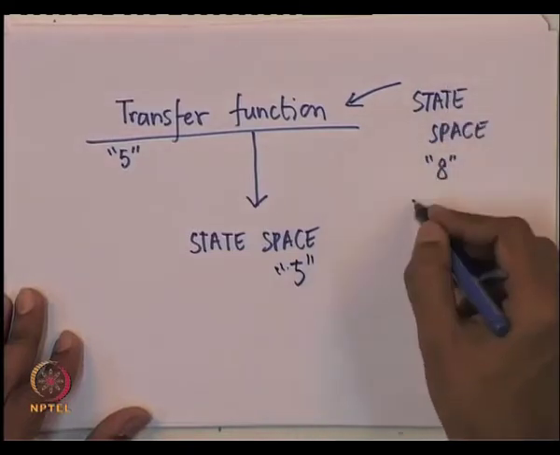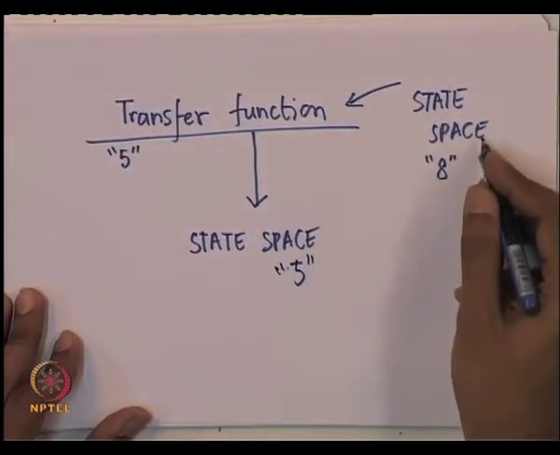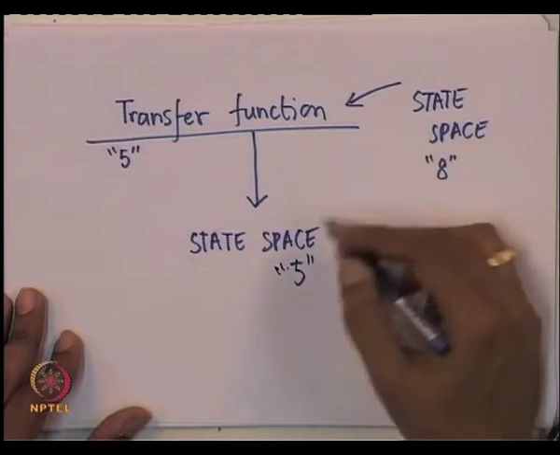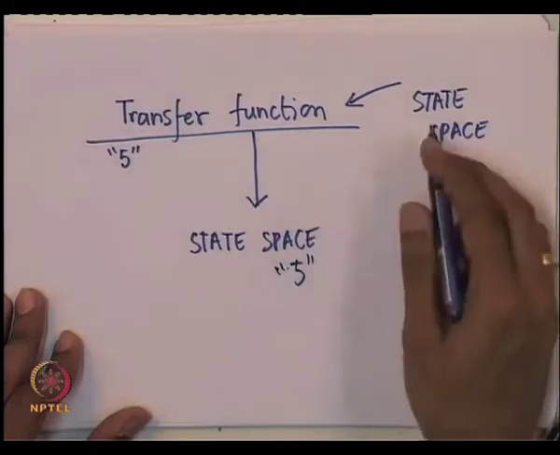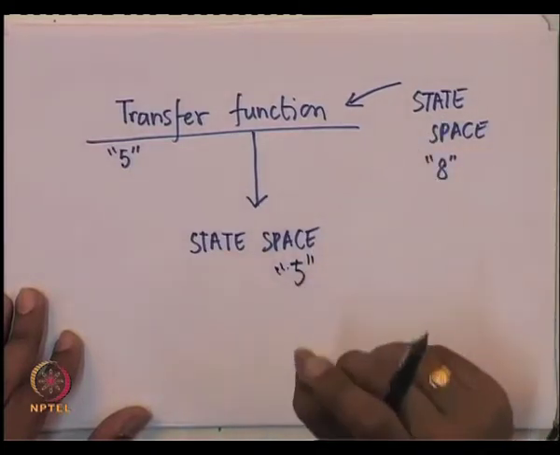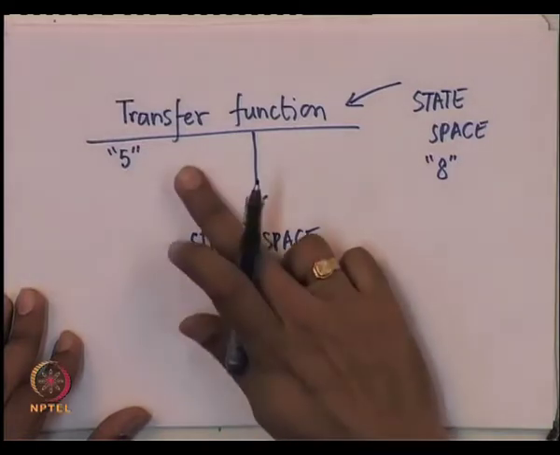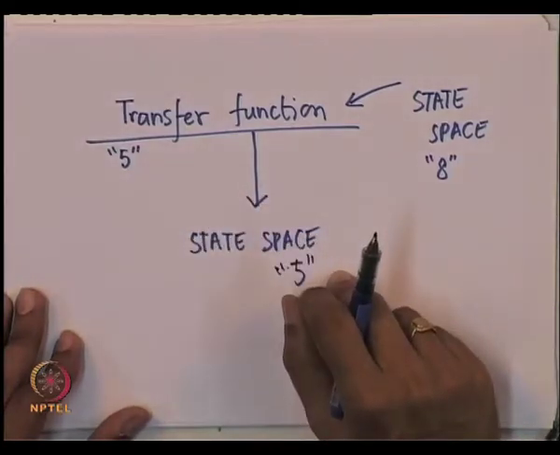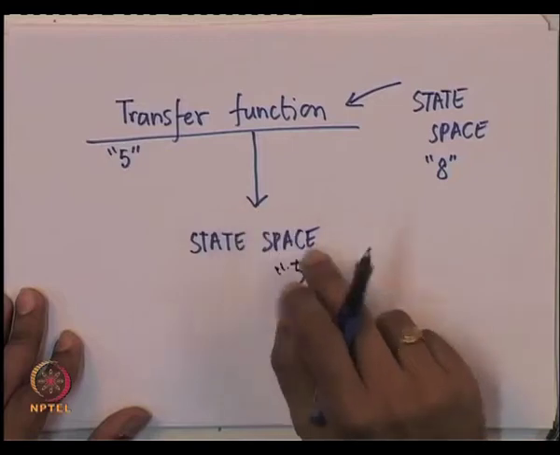So, your state space equations here and the state space equation here are written in terms of different variables. Okay. So, that is one important thing you should keep in mind. So, using these transfer functions, I can get a state space representation using just these 5 parameters.